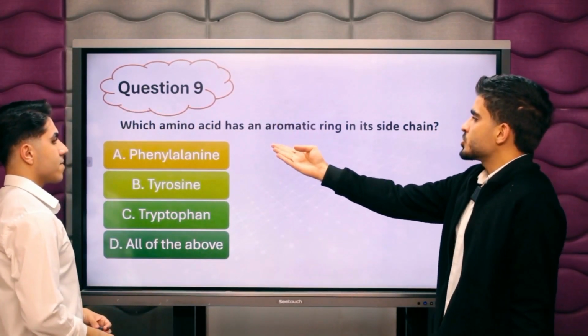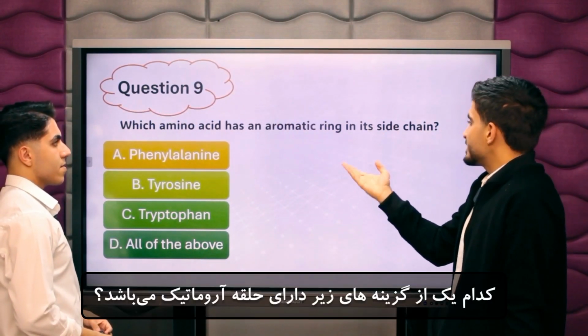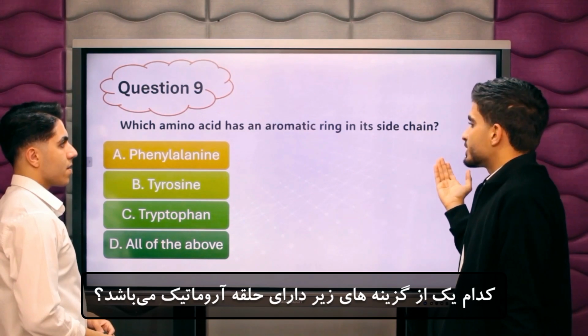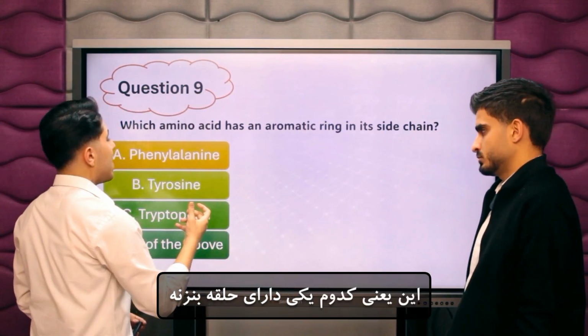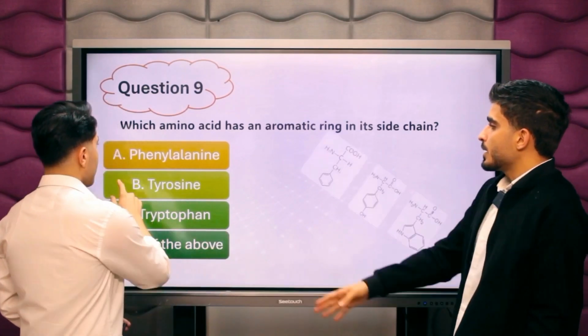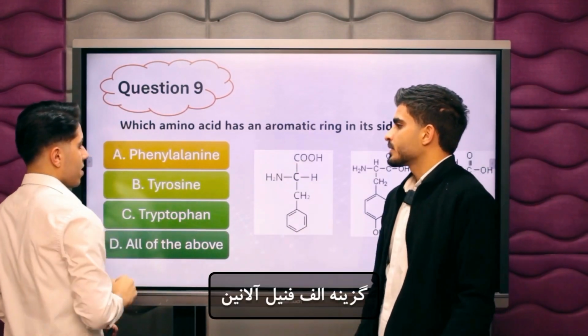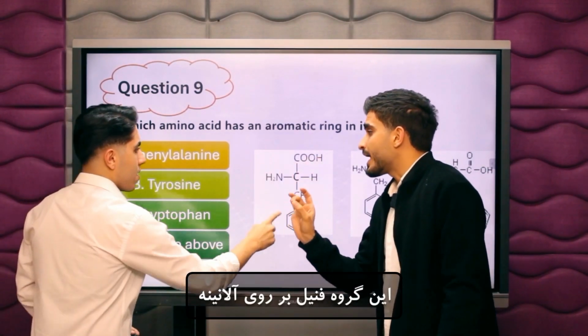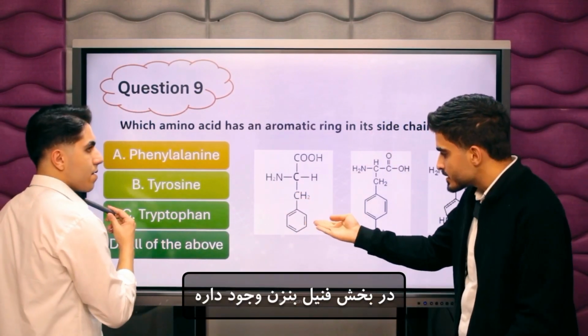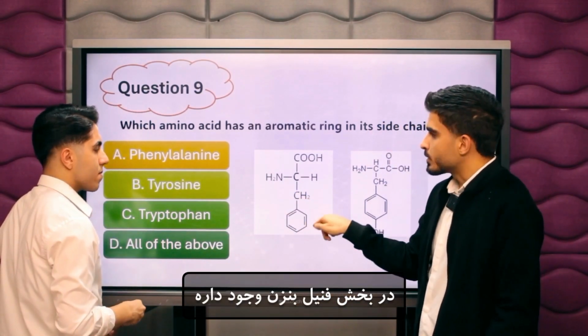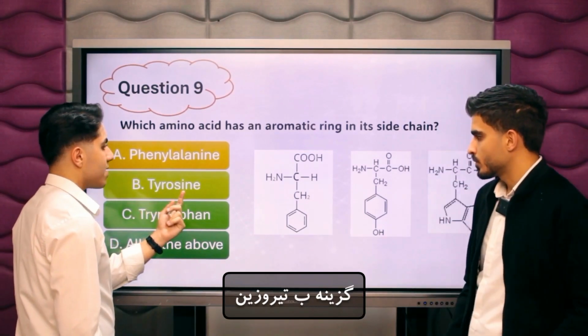Question 9. Which amino acid has an aromatic ring in its side chain? It means that which one has a benzene group? Option A, phenylalanine. There's a benzene group in the phenyl part. Option B, tyrosine.